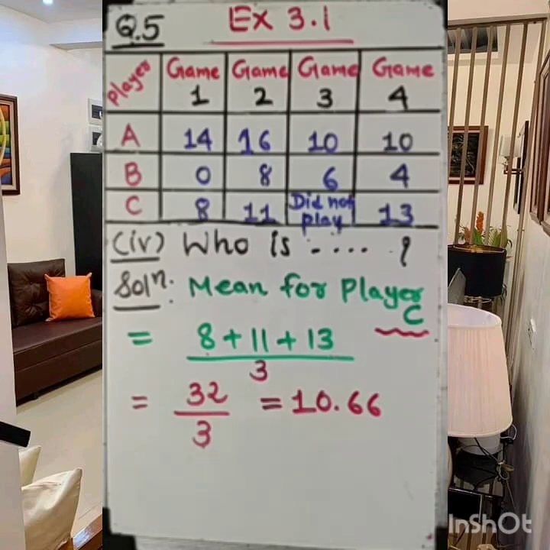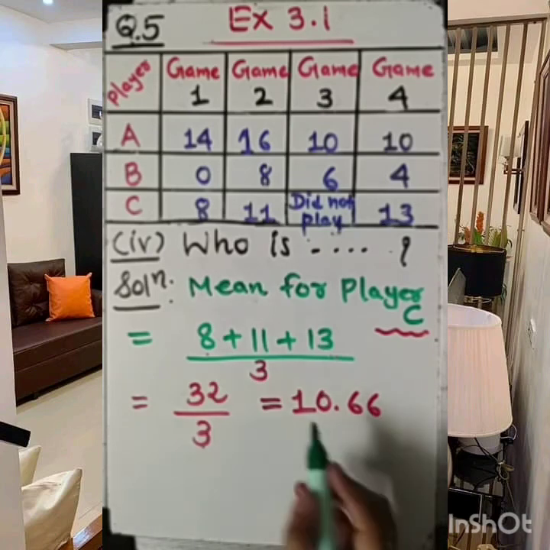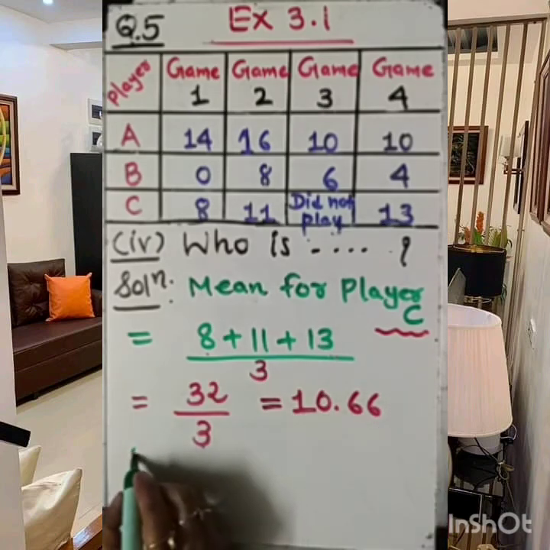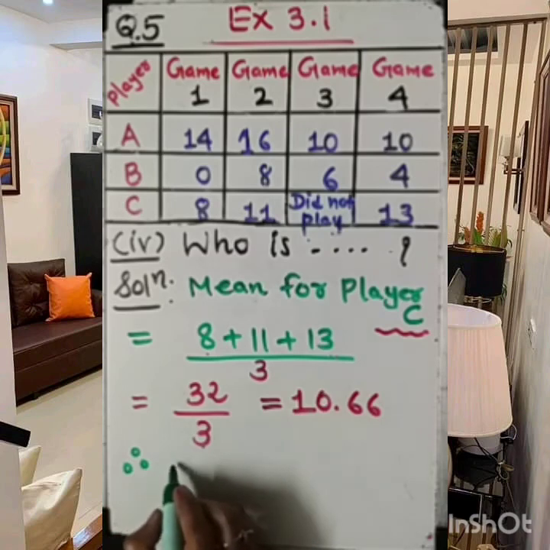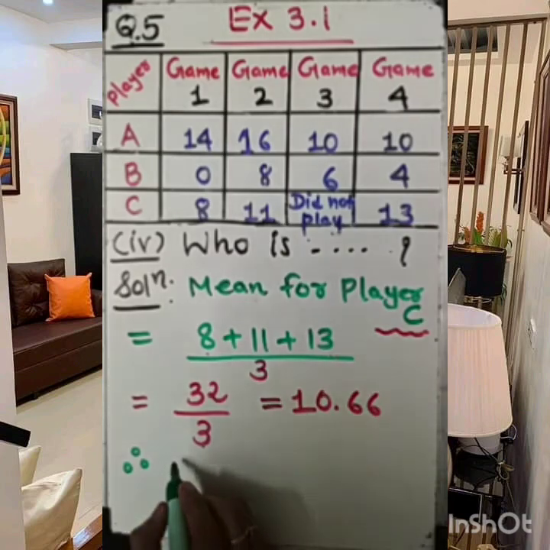So observing all three, the mean for player A is 12.5, the mean for player B is 4.5, and the mean for player C is 10.66. Out of all these three players, we can say that player A has the best performance.